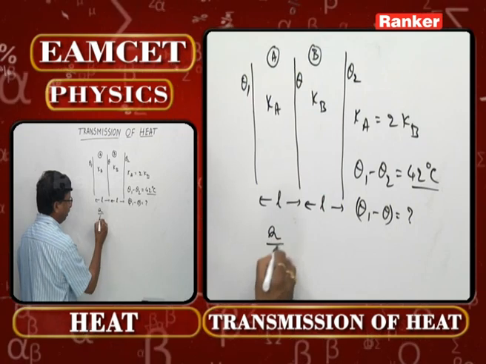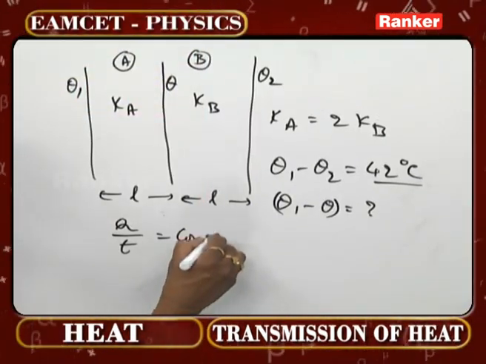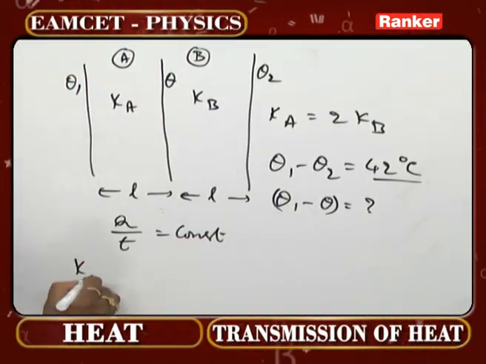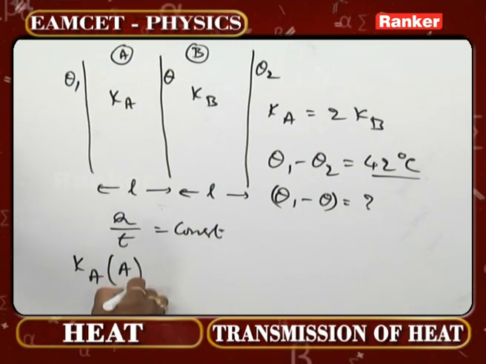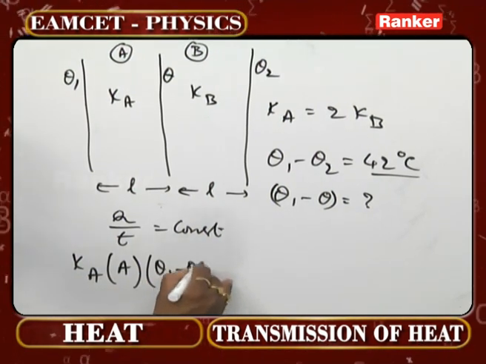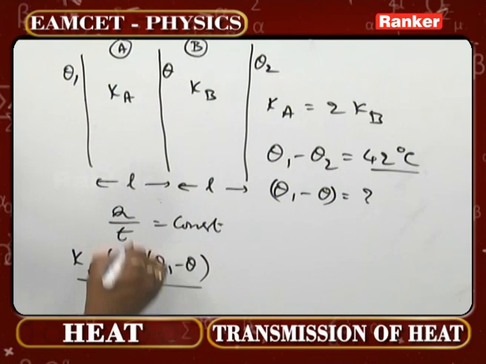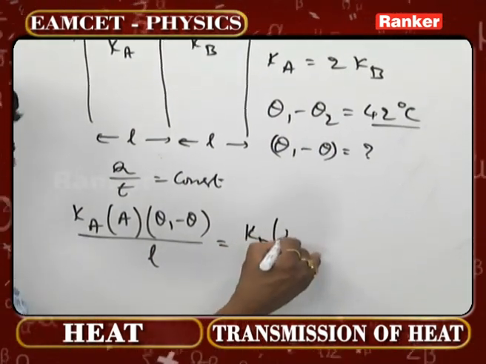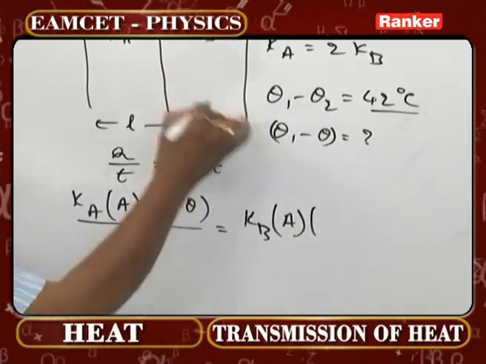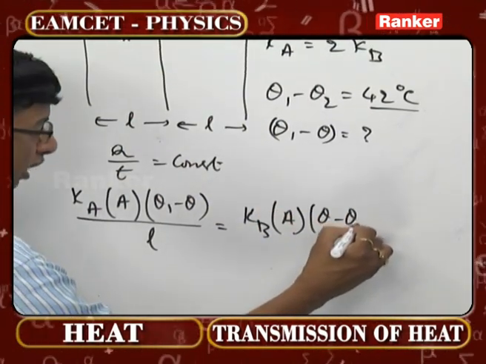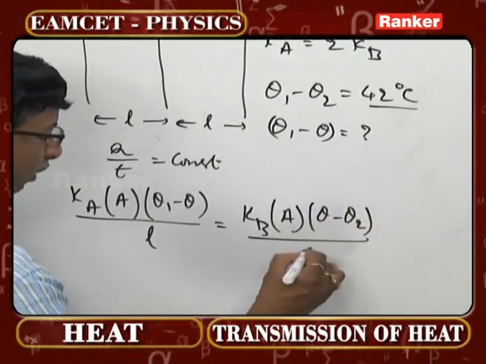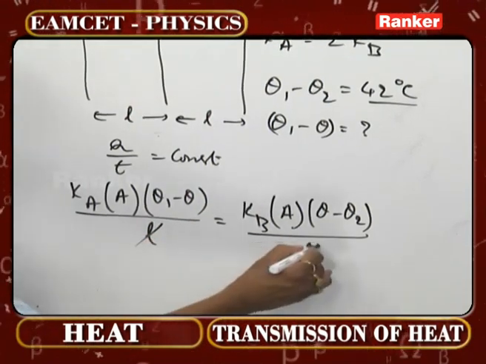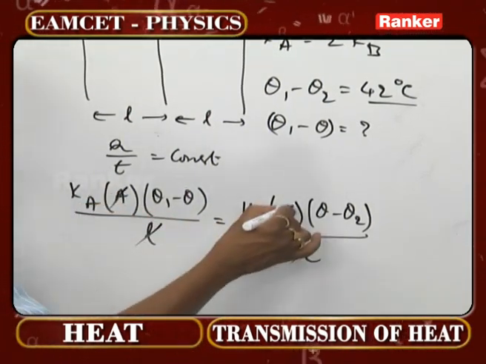When I write Q by T is constant, like in the previous problem, Ka into A into (theta 1 minus theta) divided by this value of L is equal to Kb into the area of cross section of the second layer into (theta minus theta 2) by this value of L. So thicknesses are equal, areas of cross section are equal.